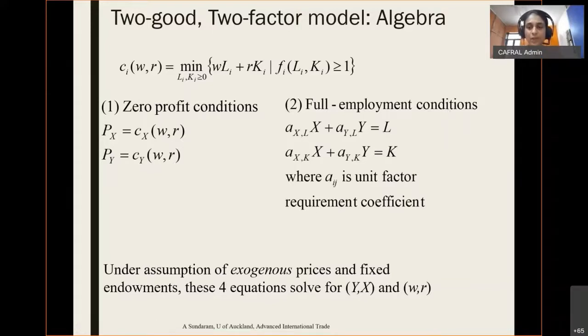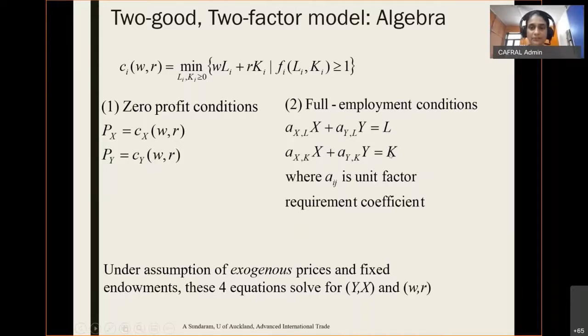What are the full employment conditions? They are telling you that you have a certain amount of labor, you have a certain amount of capital as endowments, and you're going to use up all your labor and all your capital in the two sectors X and Y. So that is what this first equation says. The amount of labor I need to make 1 unit of X times how much X I make, plus the amount of labor I need in Y times the amount of Y I make is going to exhaust my labor endowment.